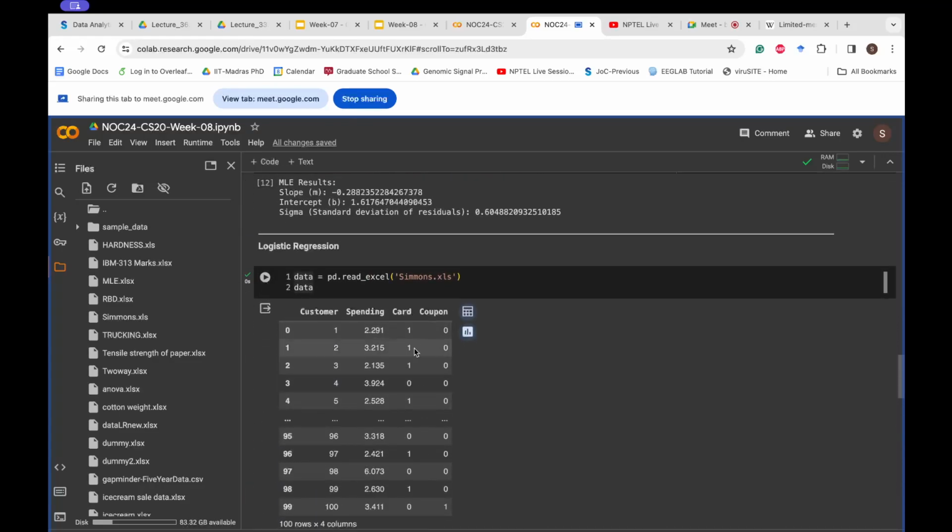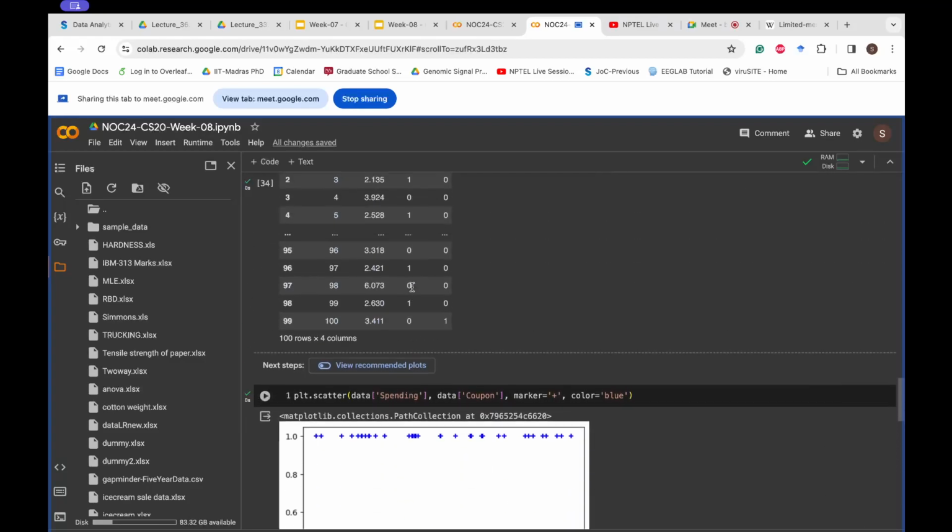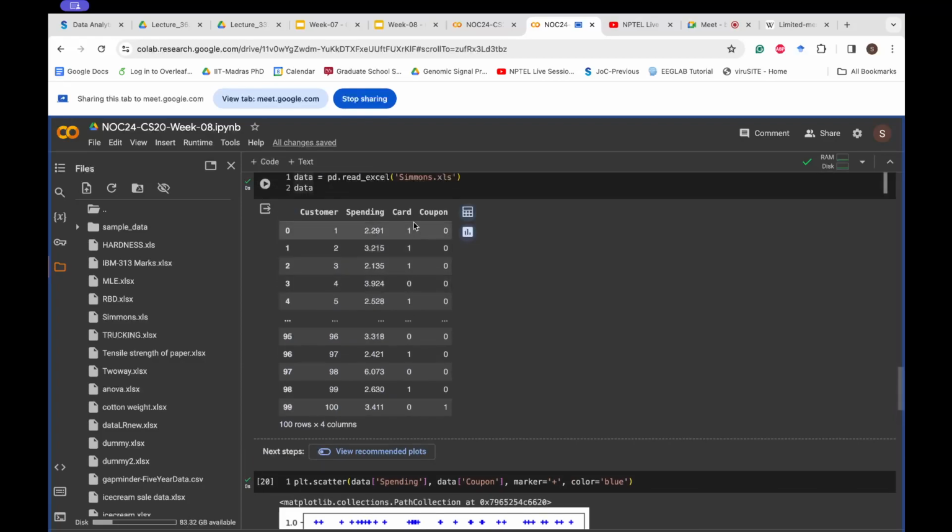Here it is already 1 and 0. If it is categorical in nature, like yes, no and so on, you will have to convert it first to numerical values using dummy variables and pass those variables over here. So here it is only yes, no, so it's 1 and 0.